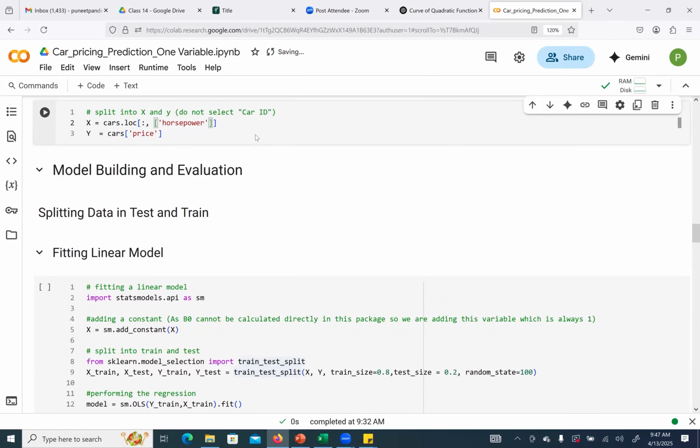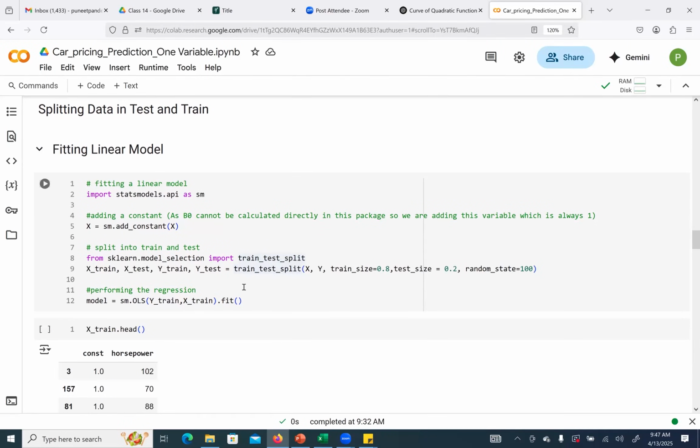Puneet, what are we exactly finding by running this code? As of now we are just splitting the data set into two parts, train and test. Train size we are keeping at 80%. The 0.8 means I'm keeping it at 80%. Test 0.2 means I'm keeping the test data as the remaining 20%.